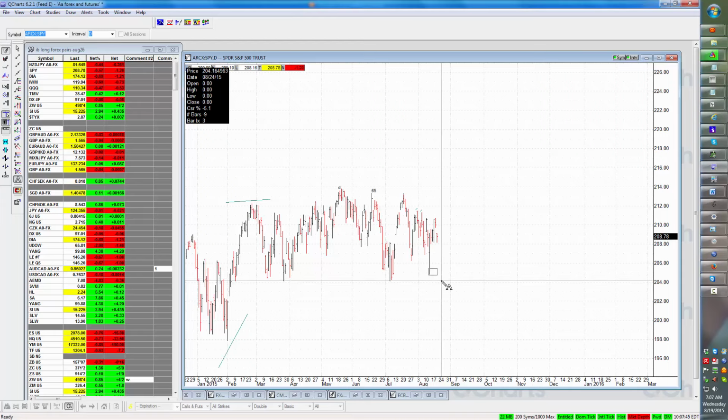So it'd be this low here and this high here. This high here and this low here. And this high here. Okay. And notice please that there are at least 3 bars in between the high and the low.